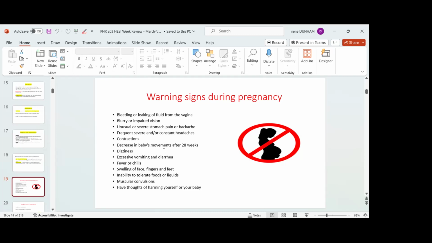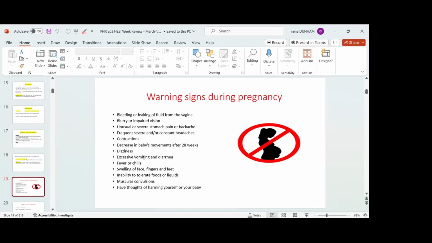Any decrease in baby movement after 28 weeks is a warning sign, okay? So we want the mother to come in. A lot of times they'll say, get a glass of cold water and see if you can wake that baby up. Lay on your left side, put your hand on your tummy. If this baby is still not moving, you get to the hospital right away.